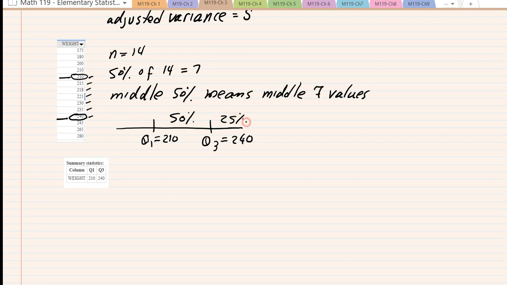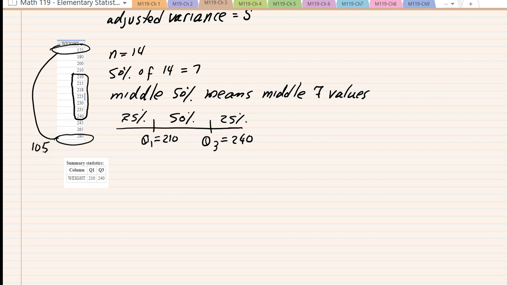And then there's 25% on each side for a total of 100%. So what is that telling me? If you look at these middle 50%, their weights don't tend to fluctuate as much as if I just look at the range between the low and the high guy. That range is much wider, right? That's a 105-pound range as opposed to a 30-point range.